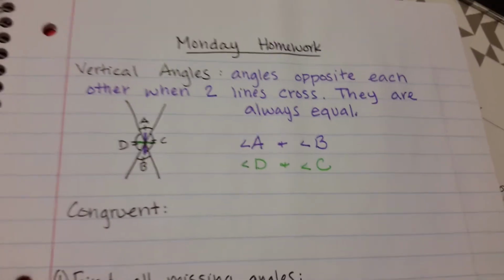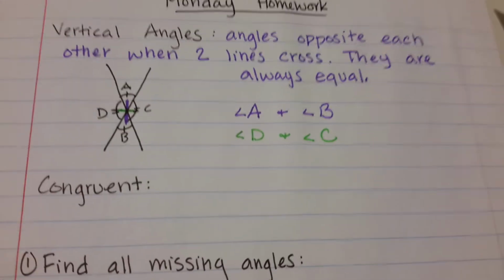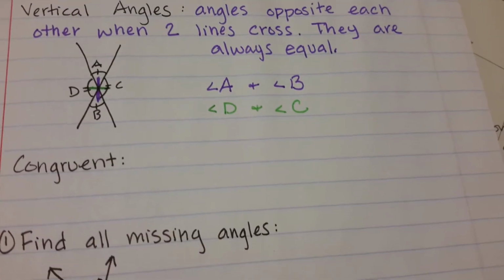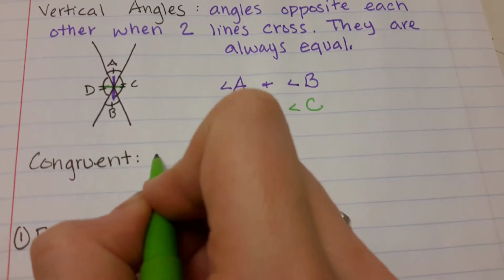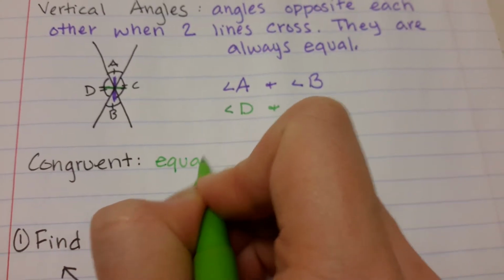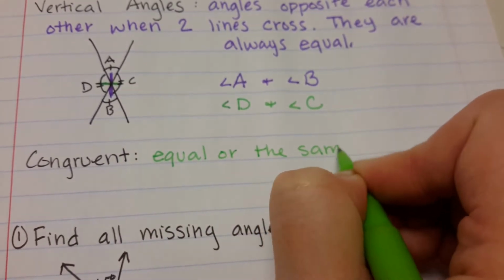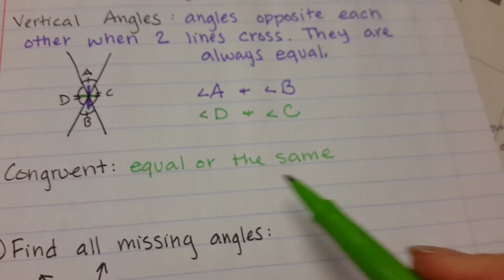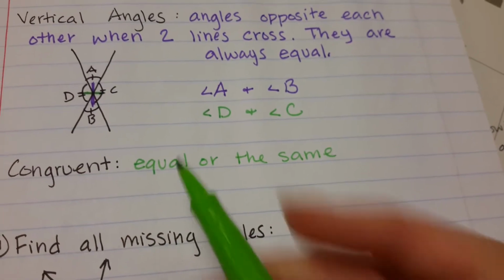A second word that we want to have defined is congruent. Congruent is kind of a fancy word for a word you already know, which is equal or the same. So in geometry, a lot of times you will see people use the word congruent instead of equal.